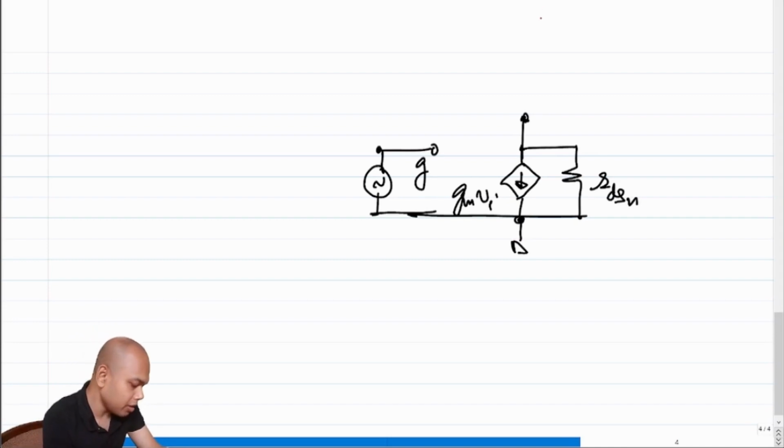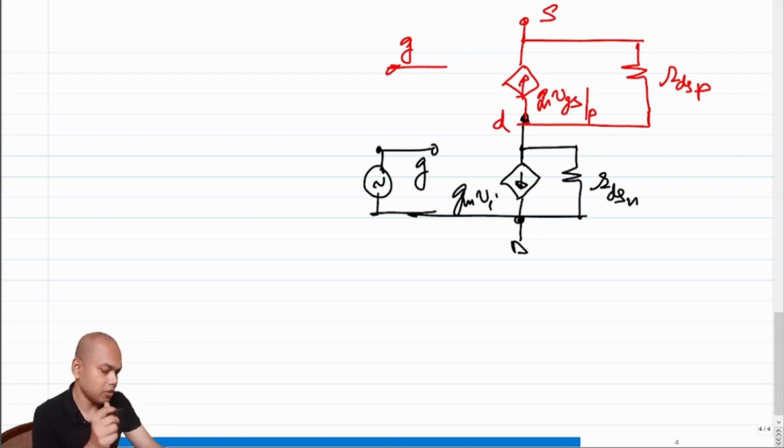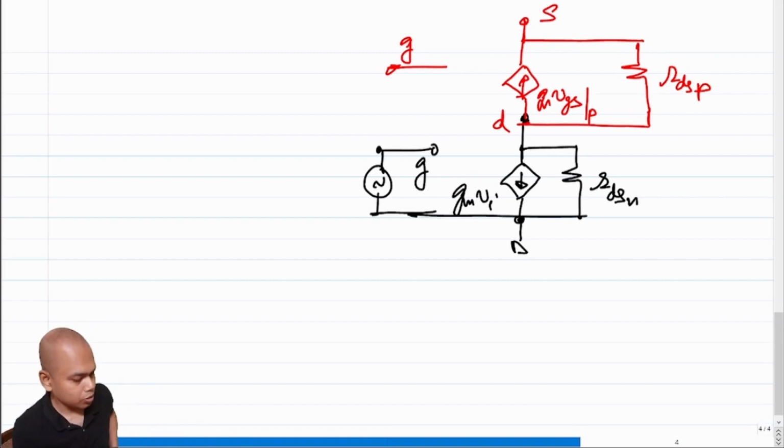What is the incremental equivalent of a p-MOS transistor that we just did? Again, this is Gm VGS for the PMOS, then you have GDS or RDSP, and you have the gate here. This is the source, this is the drain. The current direction is going from drain to source as usual.